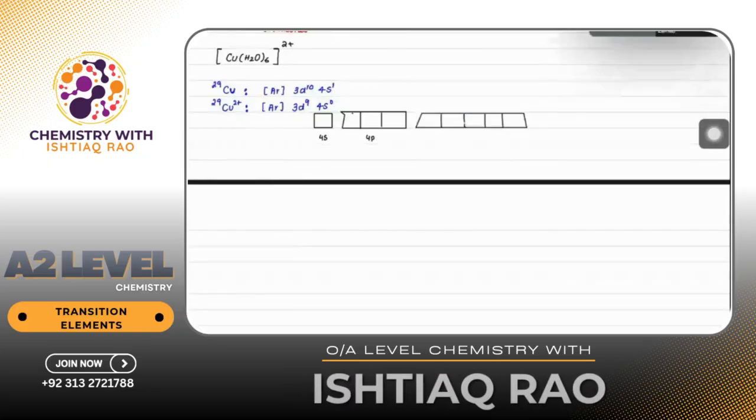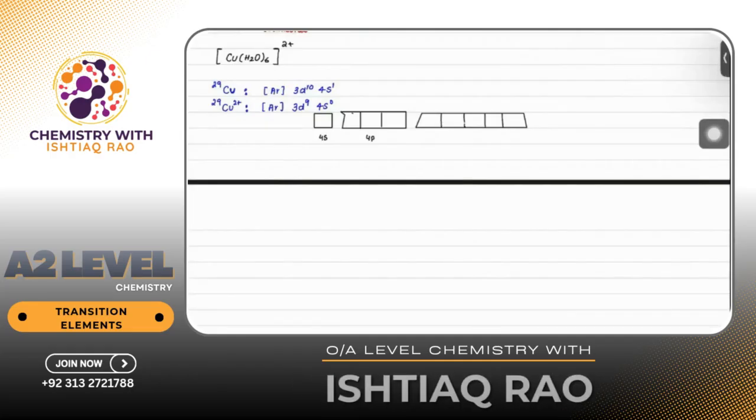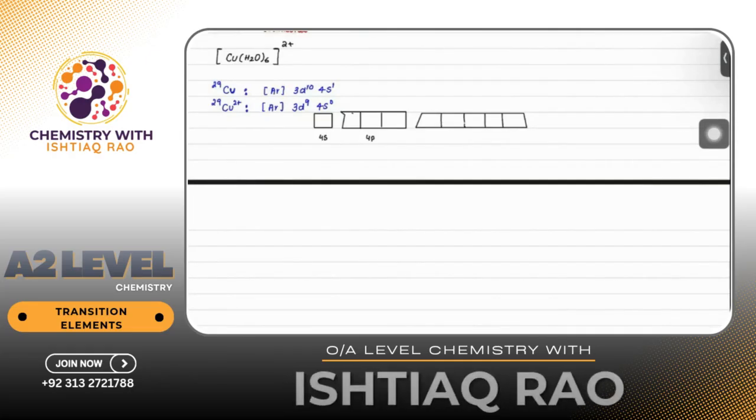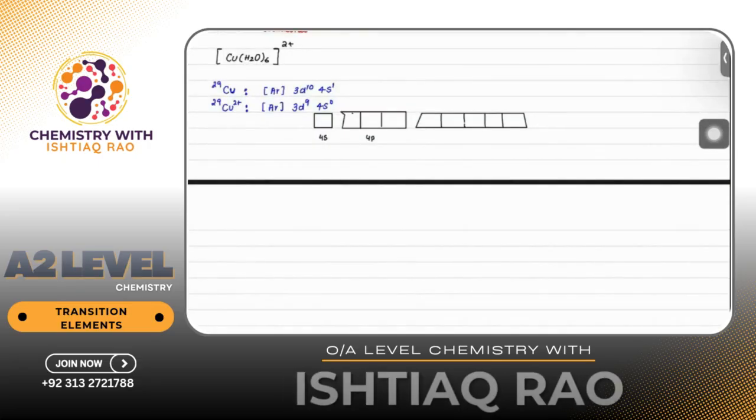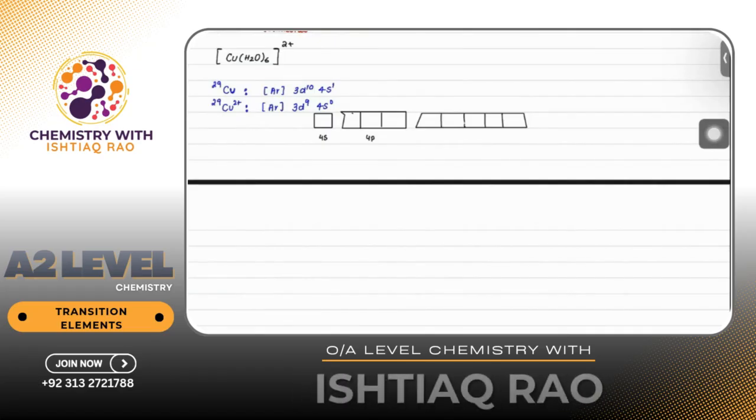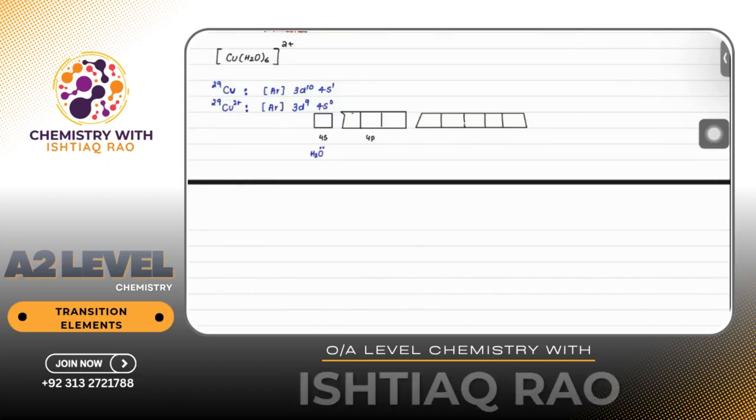So, how many water molecules do I have in this complex? We have six water molecules, and each water molecule has a lone pair of electrons on oxygen.